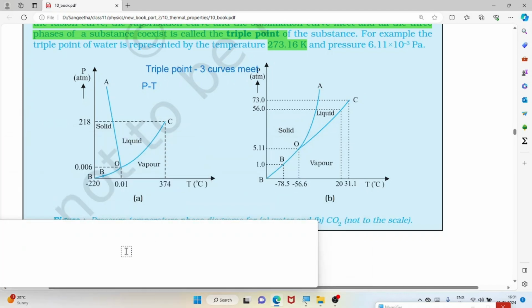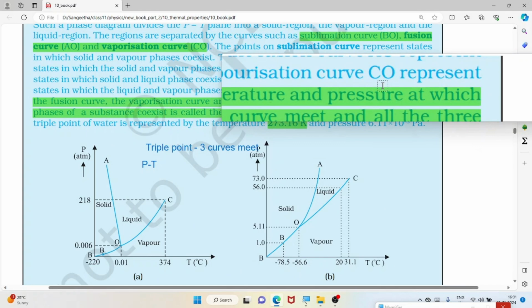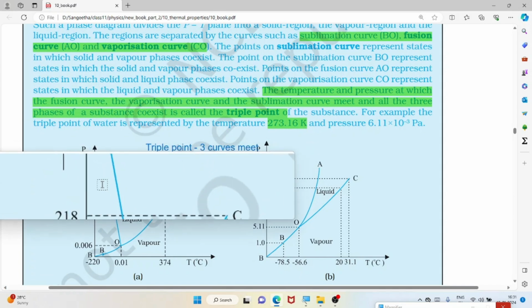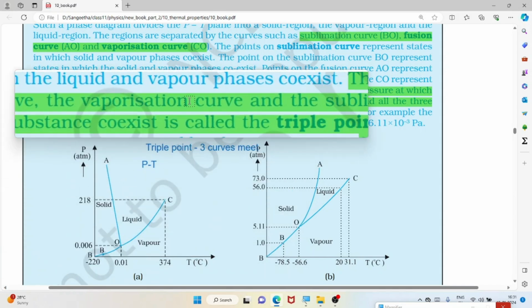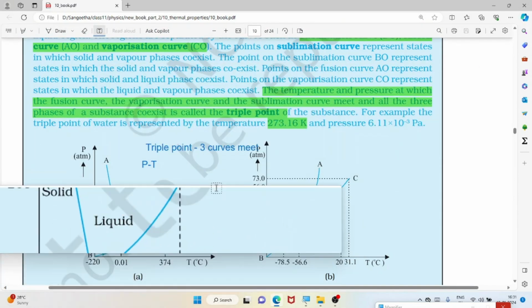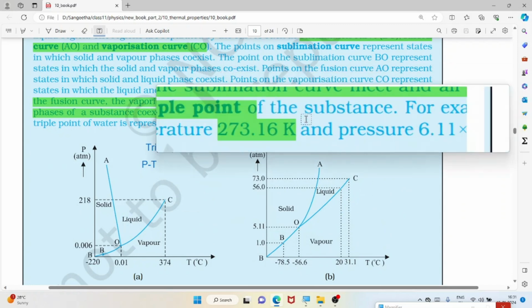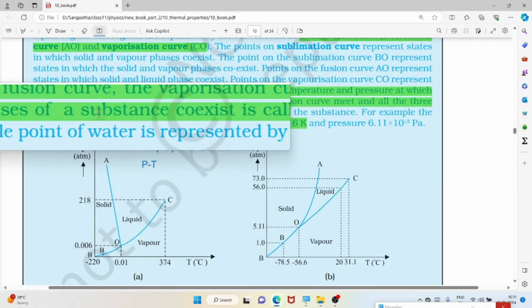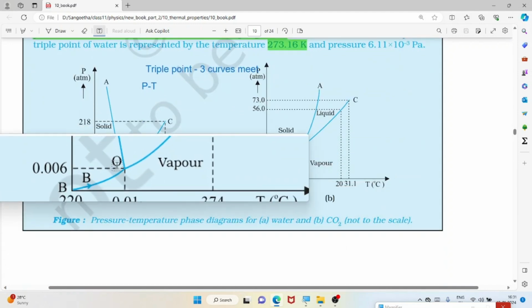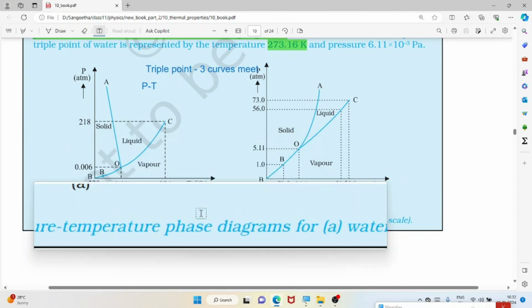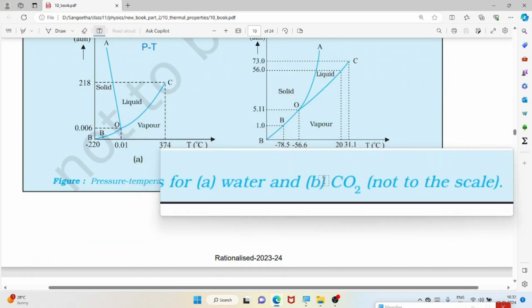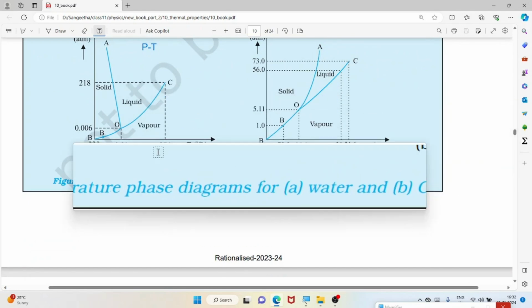The temperature and pressure at which the fusion curve, vaporization curve and sublimation curve all meet, and all three phases of the substance coexist, is called the triple point. This is for carbon dioxide and this is for water.